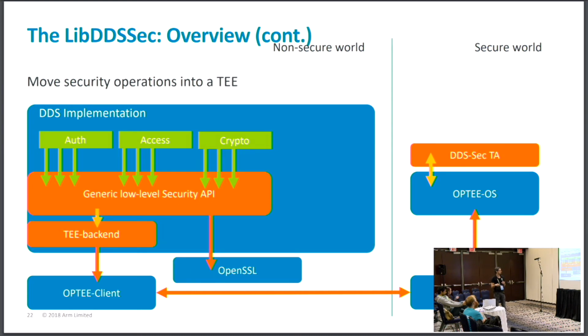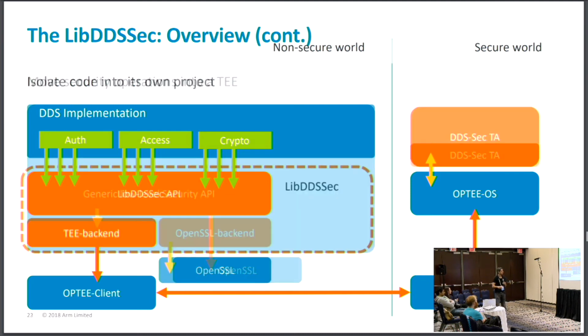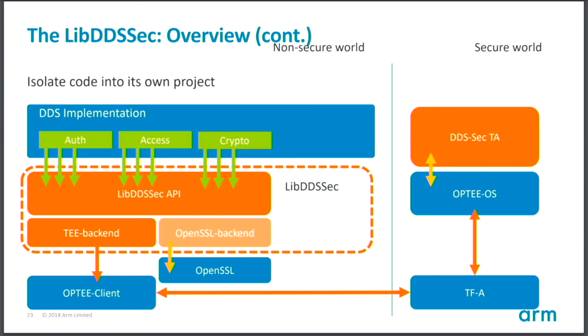By the way, this version, even though it was using OP-TEE for many of the operations, was still relying on OpenSSL at the same time to do some of the operations. All the certificates are still under OpenSSL. That's why we still have this arrow here. We are working on that right now.